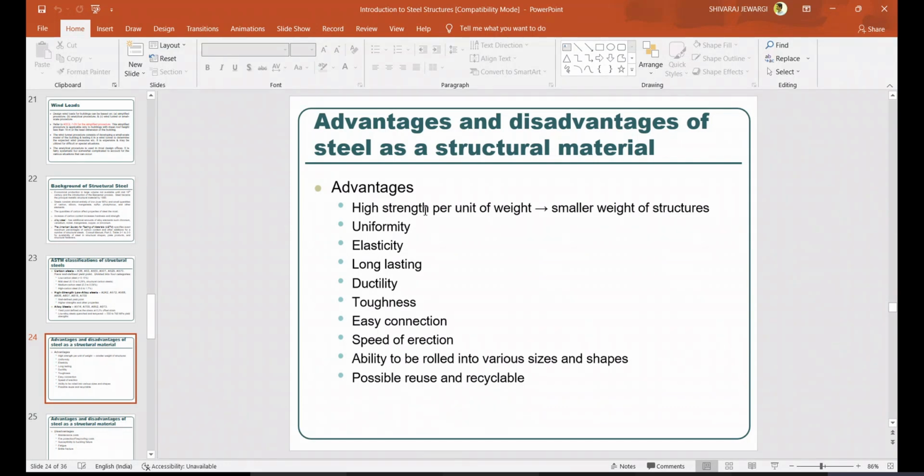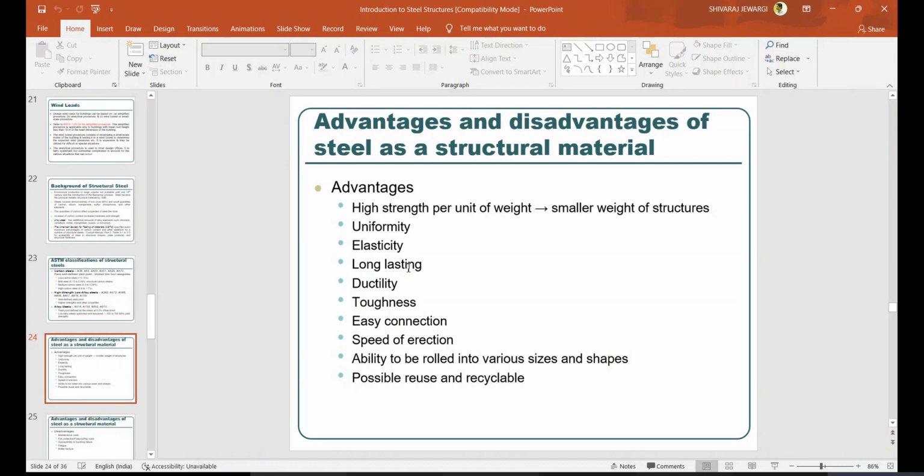Next, coming to long lasting. Long lasting means these steel structures are longer and durable structures, which means that if you compare with RCC, steel structures are very durable. Why? Nowadays RC structures can be given a life of up to 30 to 40 years.